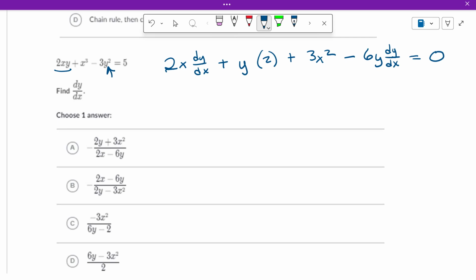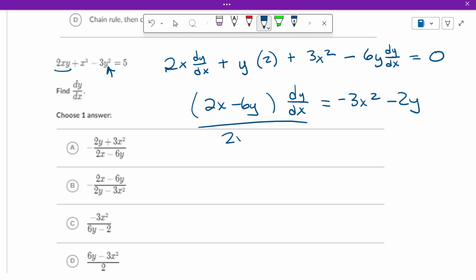Okay, so 2x minus 6y have the dy dx on it. The other two things go to the other side, so negative 3x squared minus 2y goes to the other side. And then we divide by 2x minus 6y.